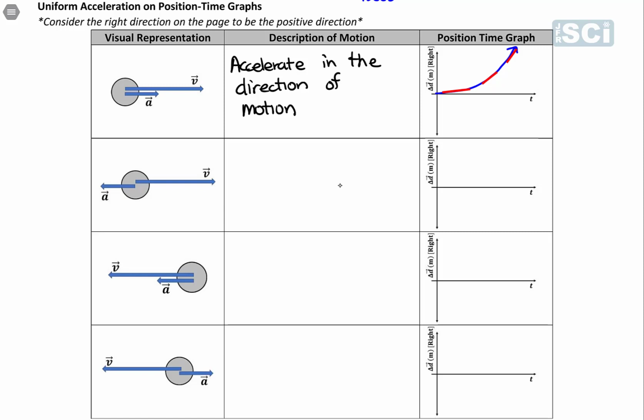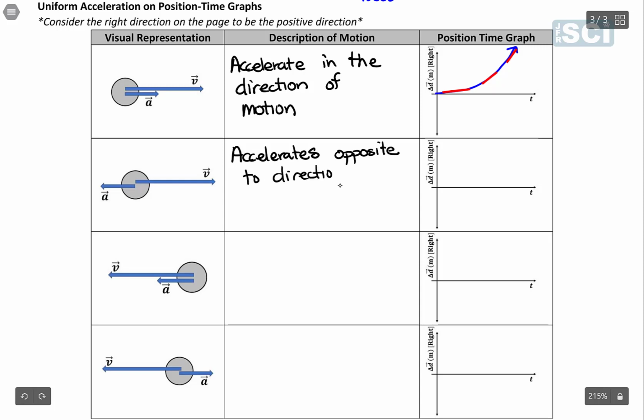Now, if the velocity is moving towards the right, so positive, and the acceleration is negative, that means that the object must be slowing down. So it accelerates opposite to the direction of motion, which means that it's slowing down.